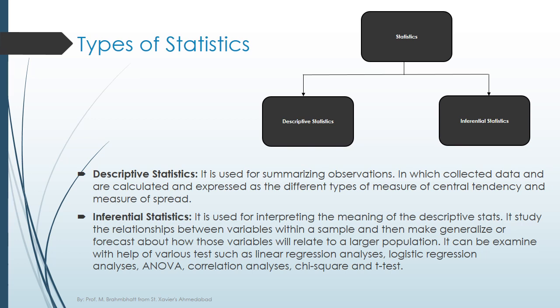So inferential statistics requires the results from descriptive statistics. It studies the relationship between the variables within a sample and then makes a generalization or forecast about how those variables will relate to the larger population.